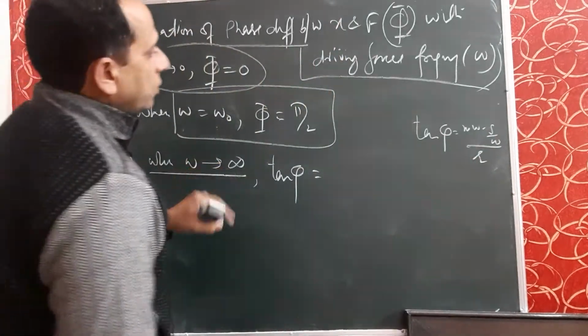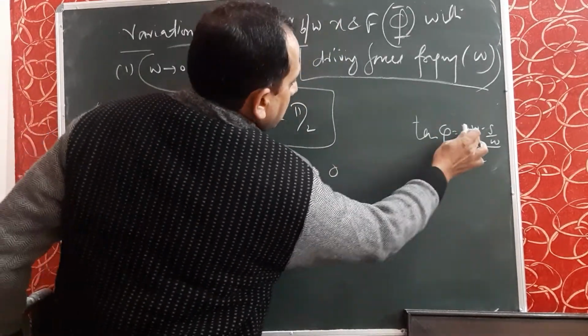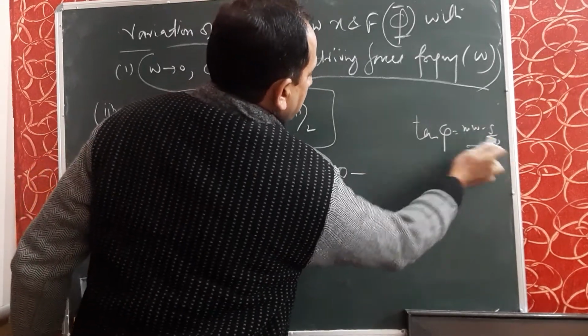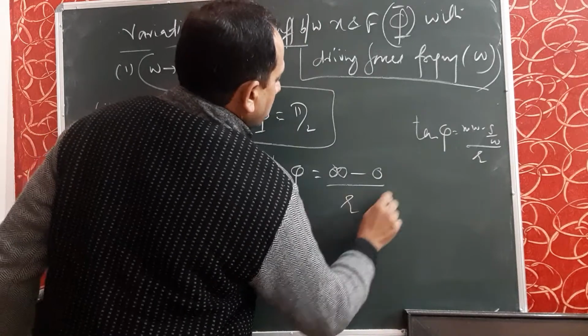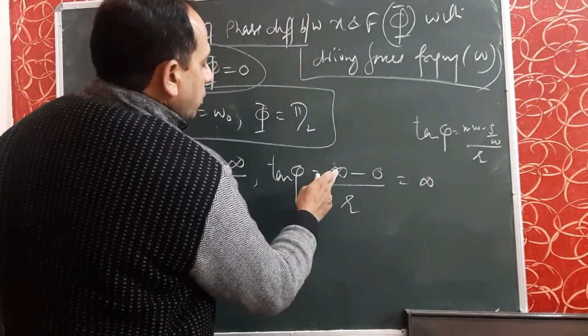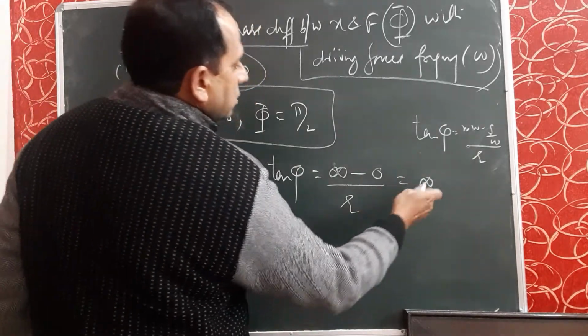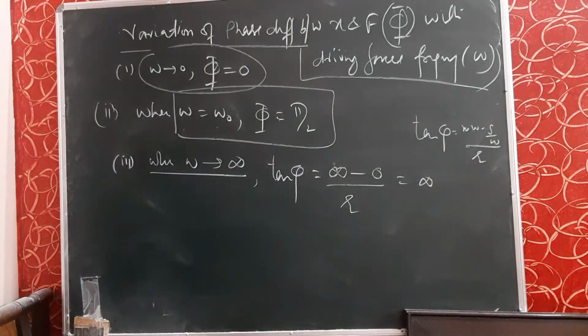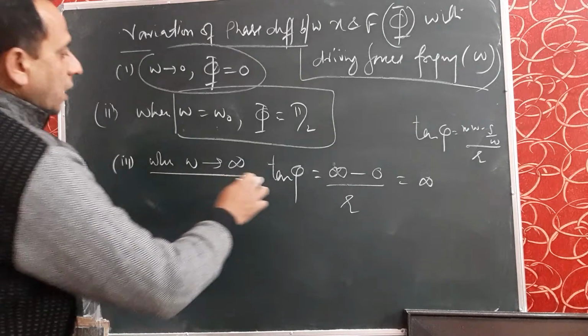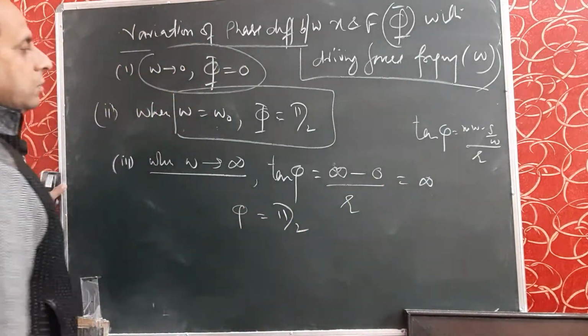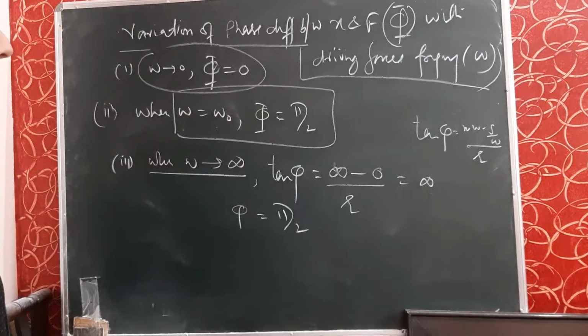So when omega is infinity, it will become infinity into m, minus s by infinity, which is 0, over r. So it is infinity minus 0, which means infinity. Infinity means very high, upon r, again infinite. So tan phi is infinity, it means phi is pi by 2. You know that tan 90 is infinity.